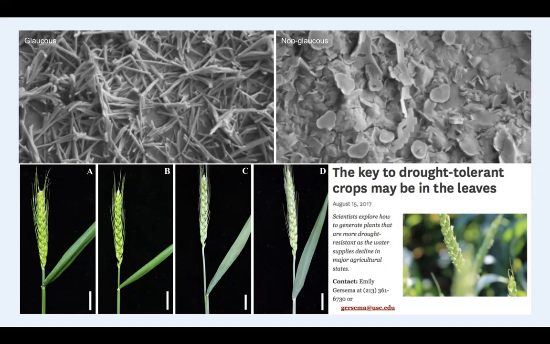So this is a type of grass that has these glaucous versions, with lots of cuticle, and not so much cuticle in the non-glaucous versions, and these ones with a lot more cuticle are resistant to drought. And that's definitely something appealing to people in parts of the world where their fields might be drying out.